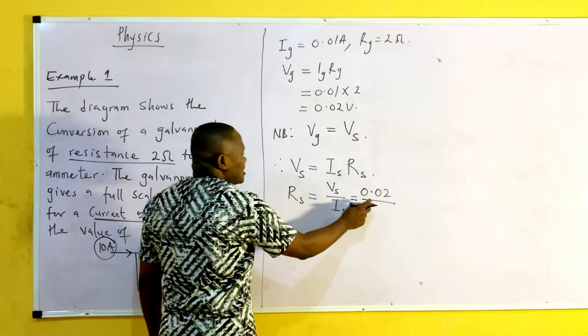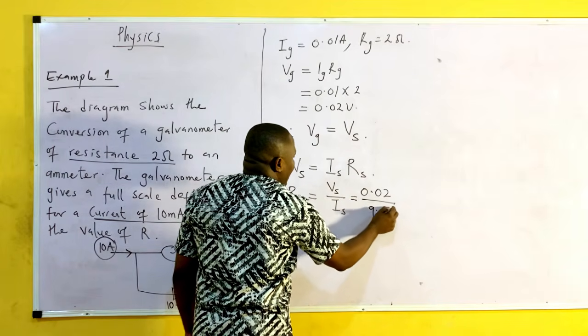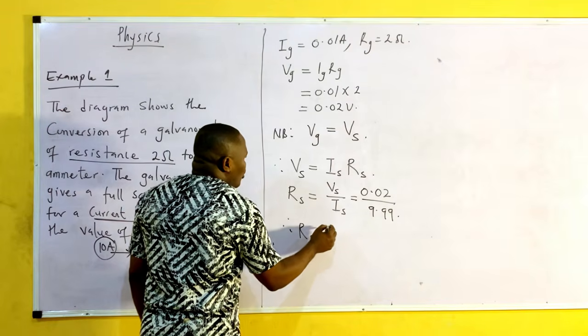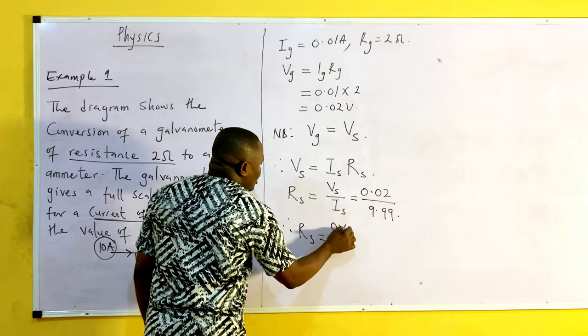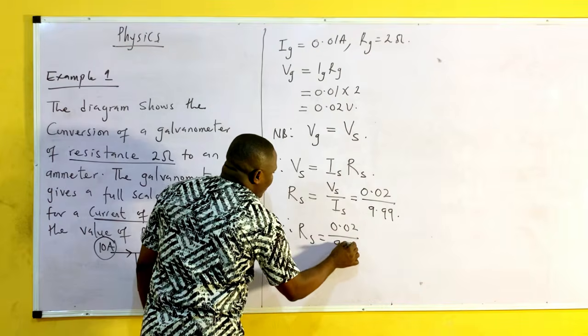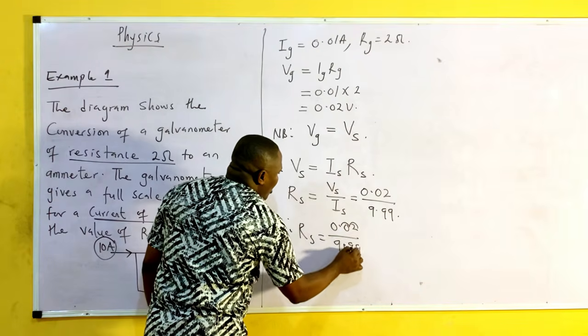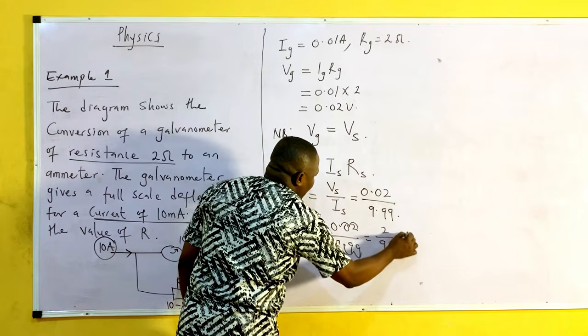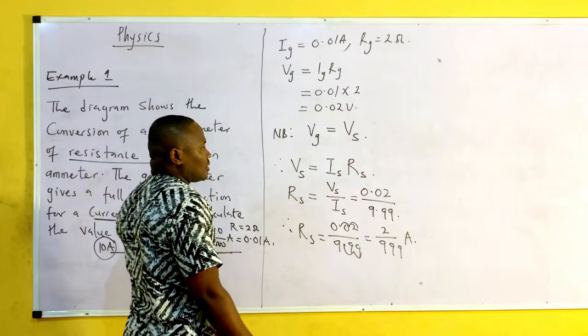So the resistance of the shunt will be equal to 0.02 over 9.99, which equals 2 over 999 ohms. That's the answer to this question.